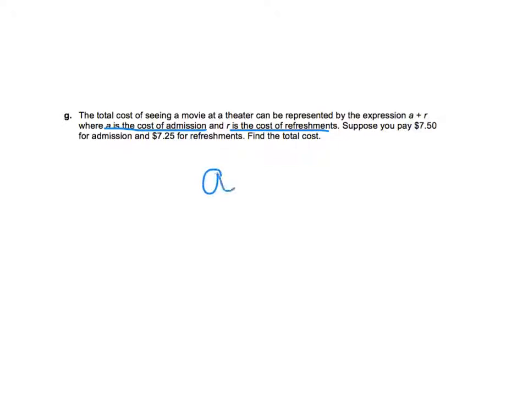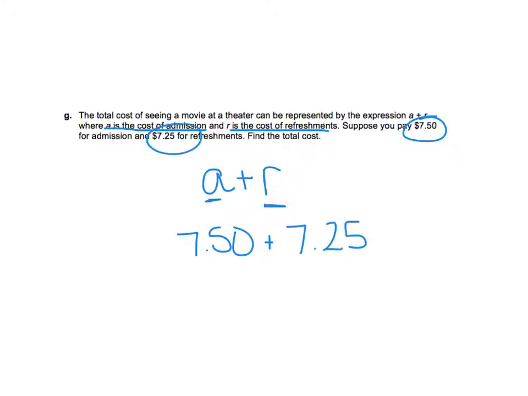So our expression here is A plus R. A again is our admission, and R is for our refreshments. Well, it said that we spent $7.50 to get in, or the admission, plus $7.25. That is the amount that we're paying for our refreshments. So I add those together, and my total cost is going to be $14.75.